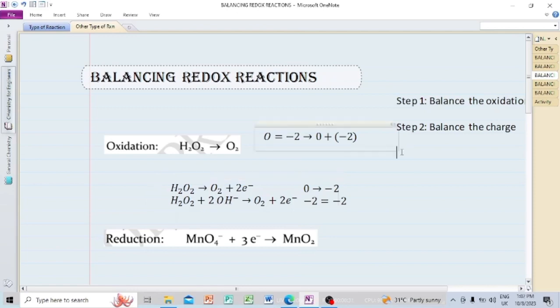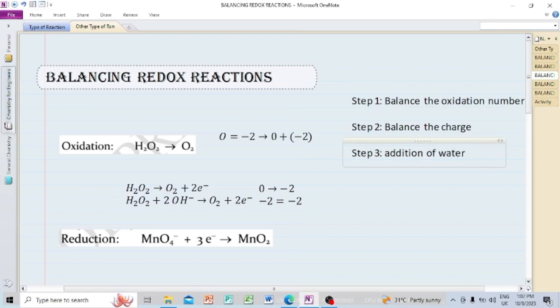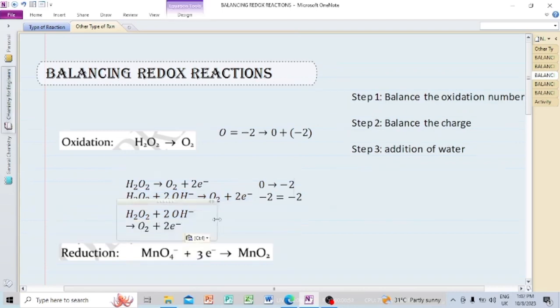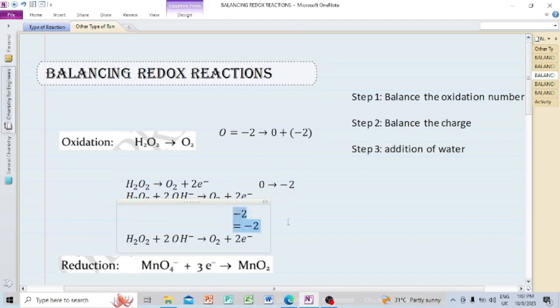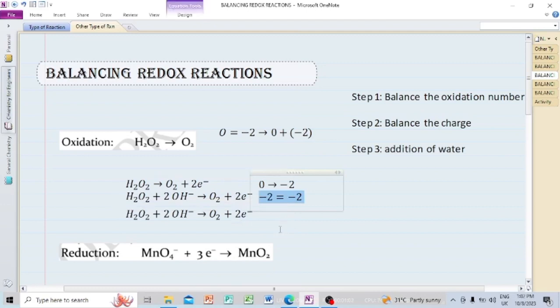So, for our step 3, addition of water. So this will become, okay. So, mag-add tayo dito ng water.